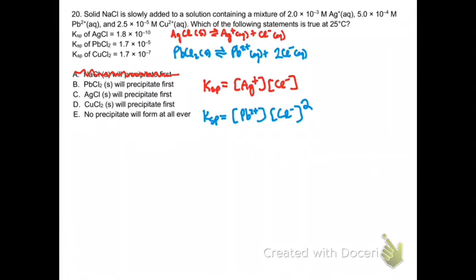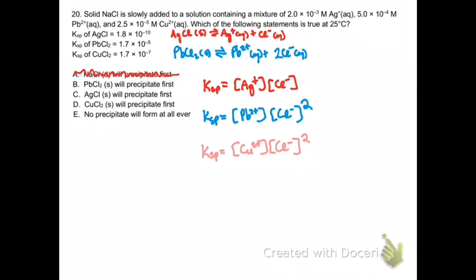And it's going to be the same general setup for CuCl2, since it breaks into two chlorides. So it's going to be KSP is equal to Cu2 plus times Cl minus squared. I'm not explicitly writing out the reaction here, but it follows the same general idea as the PbCl2.